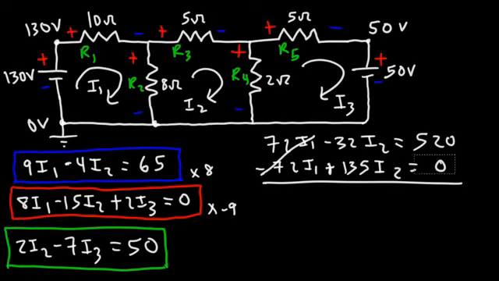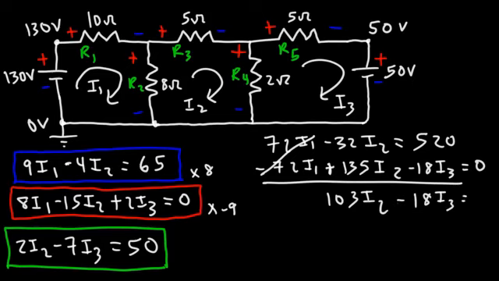I forgot to multiply I3. That is 2I3 by negative 9. So that's going to be negative 18I3. And that's equal to 0. So now adding these 2, negative 32 plus 135, that's going to be 102 I2. I mean 103, rather. I'm making too many mistakes today. And then we're going to have minus 18 I3, and that's going to equal 520.